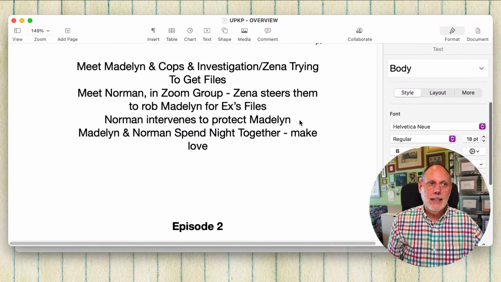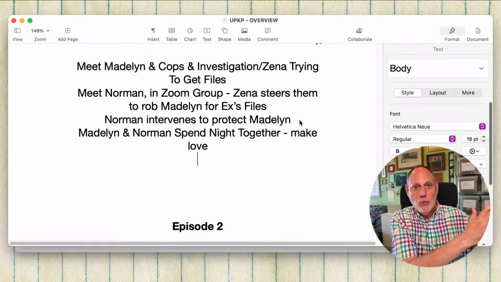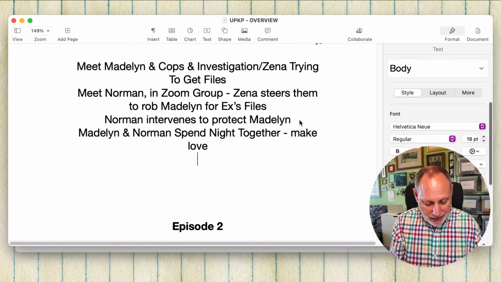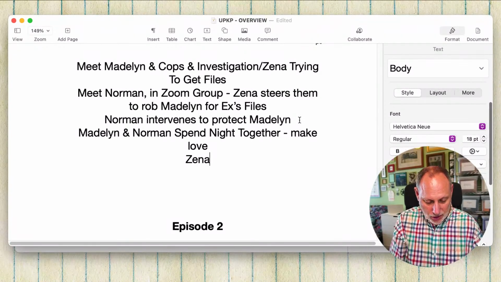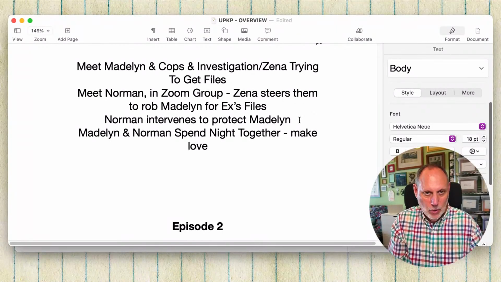So Norman and Madeline spend the night together, which is an unexpected twist. We've been going one way, and then all of a sudden we take some time just on Norman and Madeline. And then Xena, well, sometimes there's little bits in there that you don't worry about.